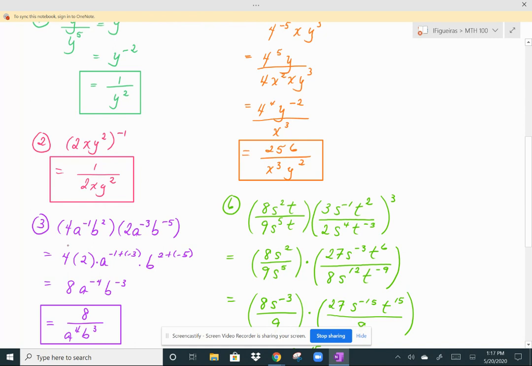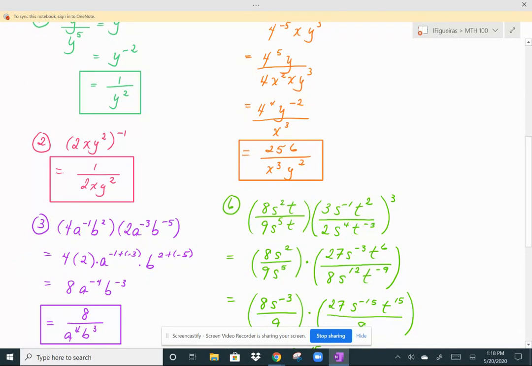So you want to multiply your coefficients 4 and 2. So that's what you see on this line, 4 times 2. And then you want to add the exponents for the expressions with a base of a, as well as the expression with the base of b. So that's what you see here. I have negative 1 plus negative 3 associated with a, and 2 plus negative 5 associated with b. So you get 8a to the negative 4, b to the negative 3.